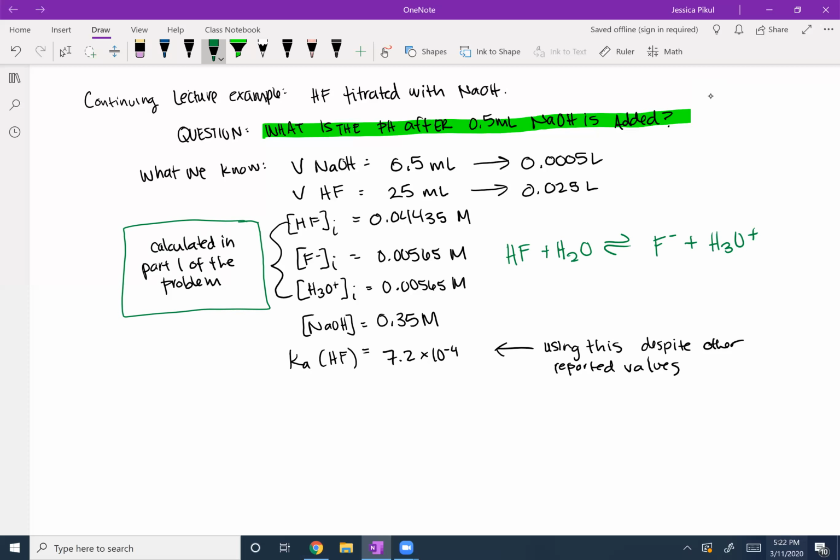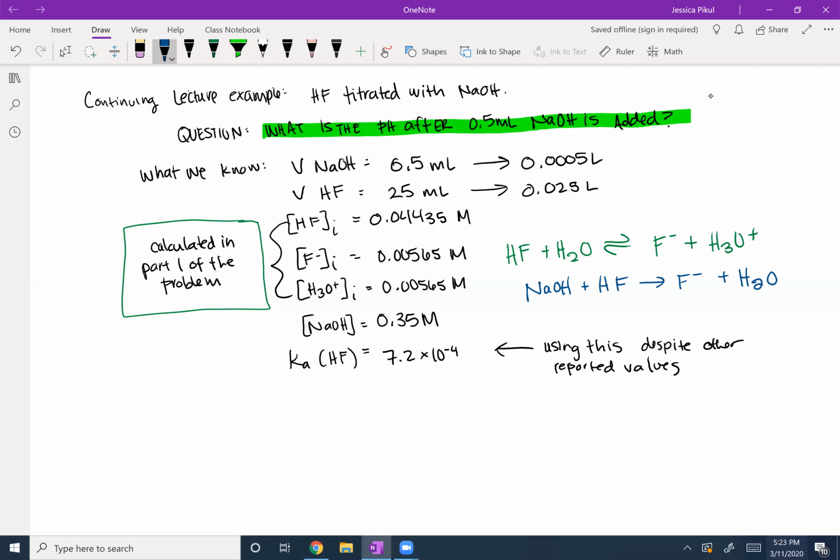As we work on this problem, we're going to be adding sodium hydroxide into our current system of hydrofluoric acid and fluoride. That NaOH is going to react with our hydrofluoric acid and form fluoride ion and water.